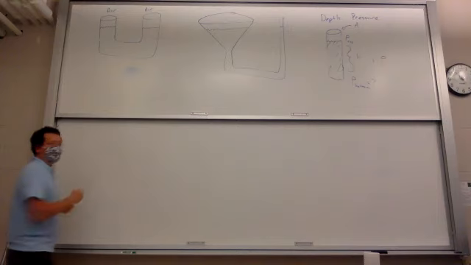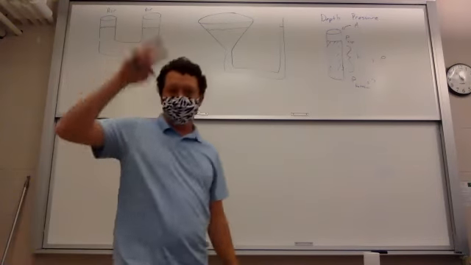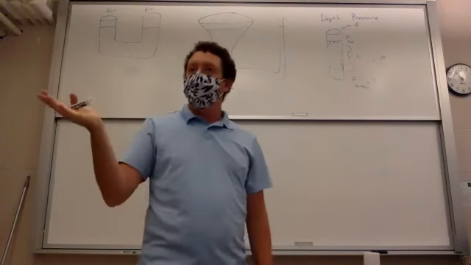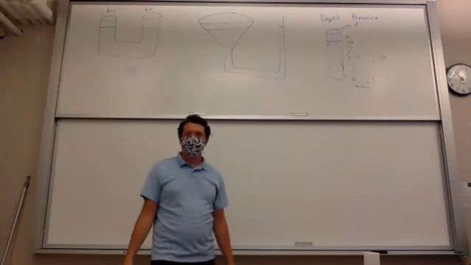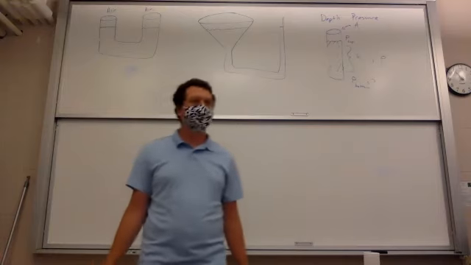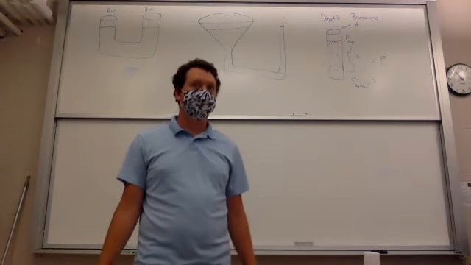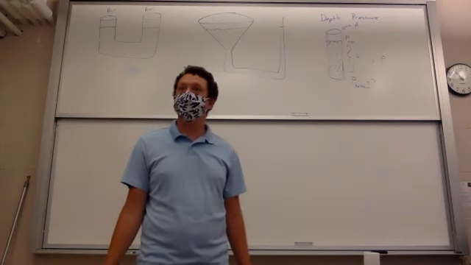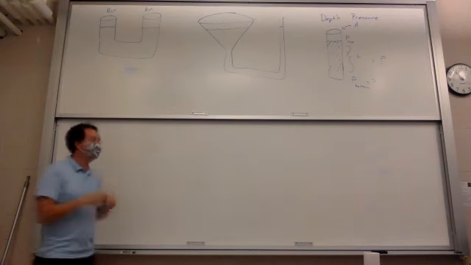So I have three forces acting on this blob of liquid or water, whatever you want it to be. How do you analyze systems of multiple forces? What do you do? Draw a free body diagram, right? So let's draw a free body diagram for that column of water. Let's label the forces.